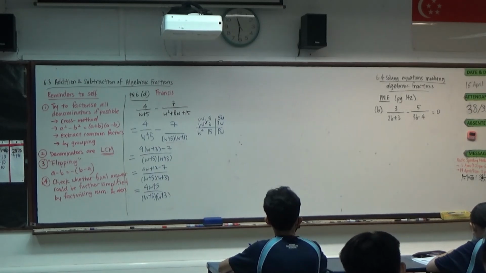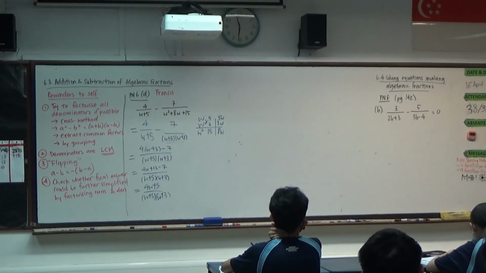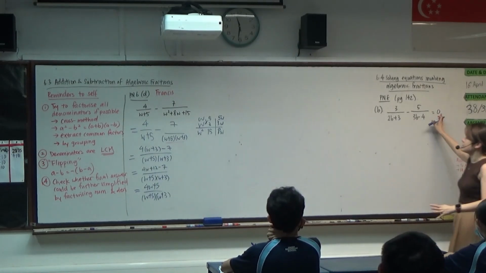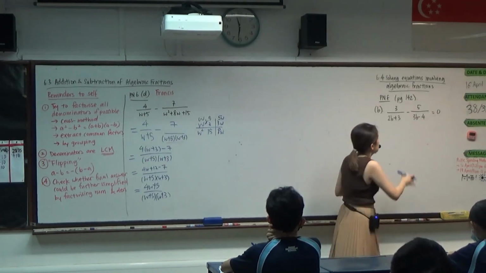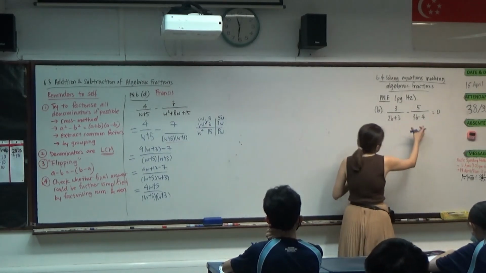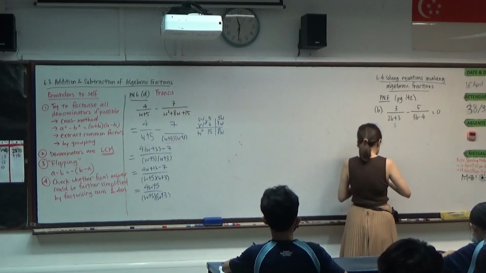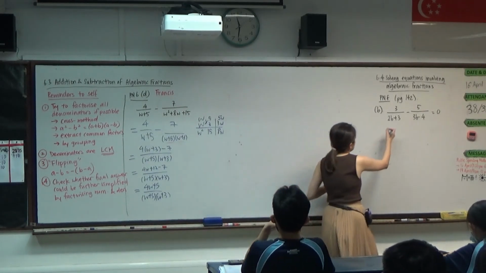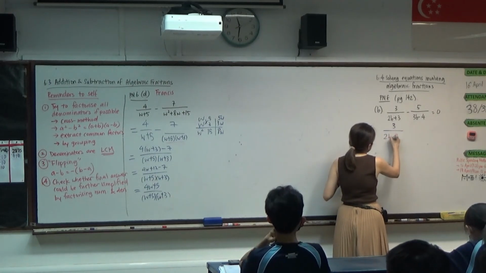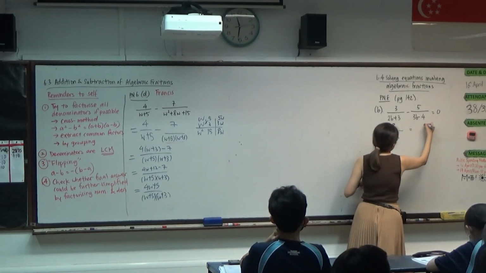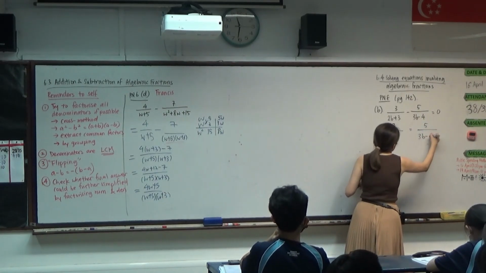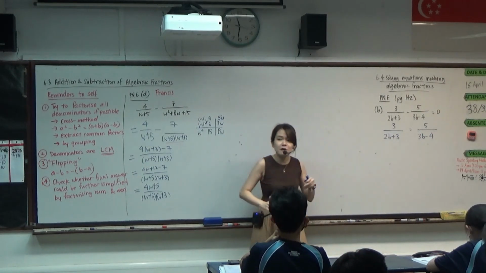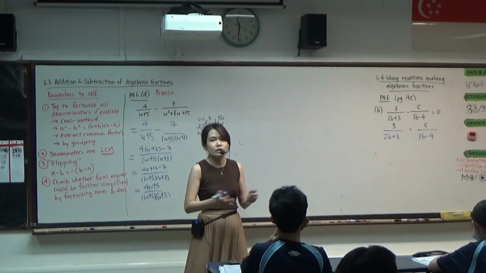Because what we did in set 1, where we have fractions like that, we said that since it's a 0 on the right side, I can bring this to the right side, and I can say that 3 over 2b plus 3 is equal to 5 over 3b minus 4. And if I have it in this form, what did we learn? We cross multiply.